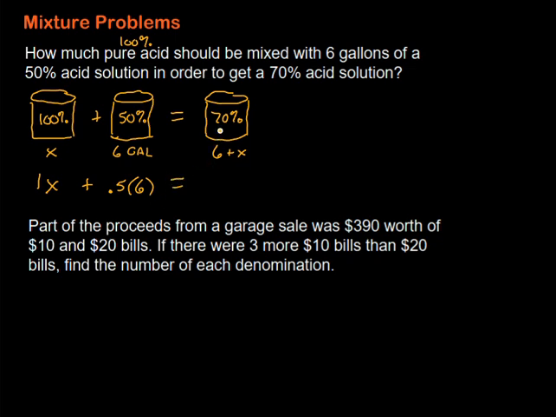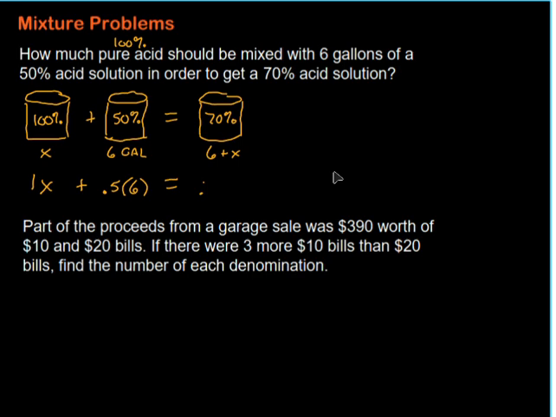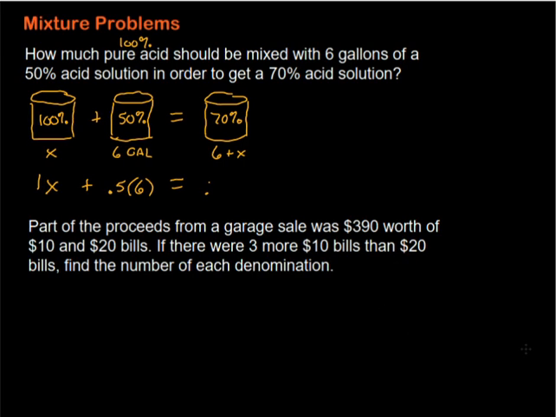Then I want to figure out how much is going to be here. Well, I've got 70%, so that's 0.7. Let me back up a sec here. There we are.